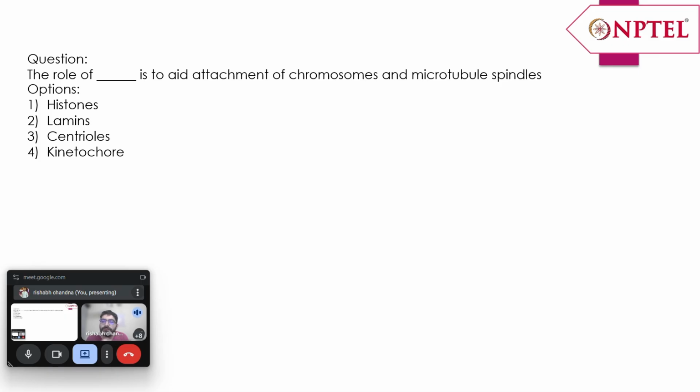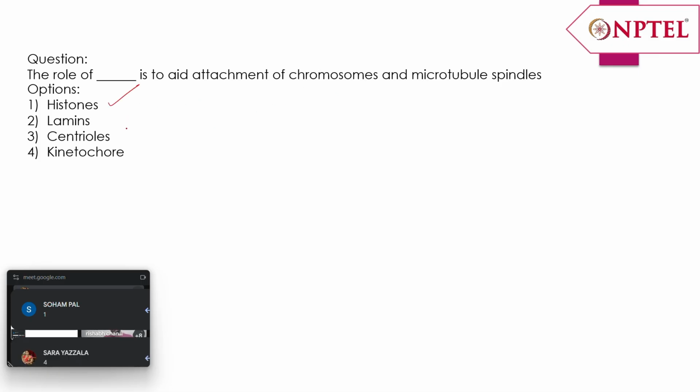Okay. So let's move on to the next question. The role of dash is to aid attachment of chromosomes and the microtubule spindles. So what can be the correct answer? Okay. Any more answers?